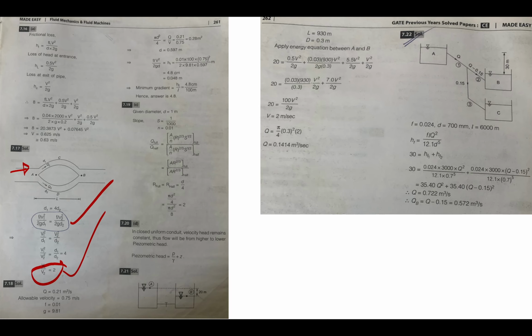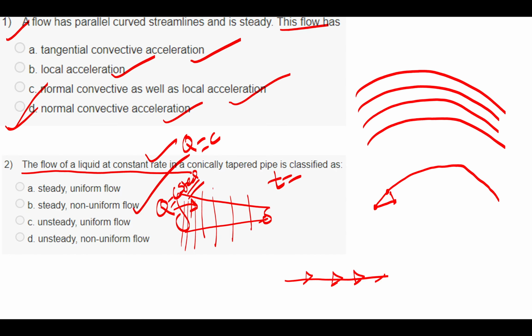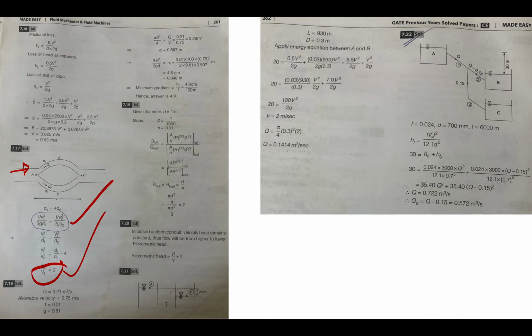So when you read the questions and solve every question around 4 to 5 times, then you can easily solve the coming GATE questions, that is GATE 2025. You can easily solve questions related to pipe flow, but you need to solve all the questions conceptually, then you can easily calculate.